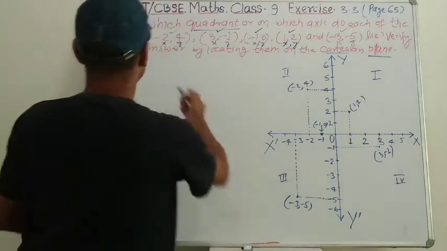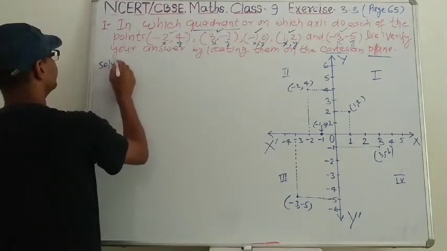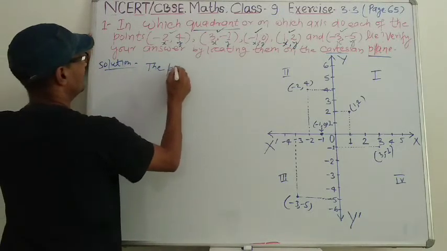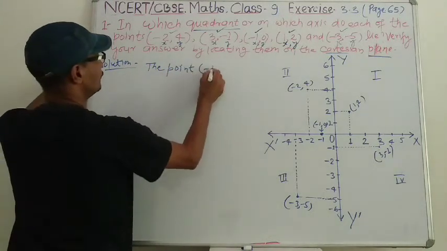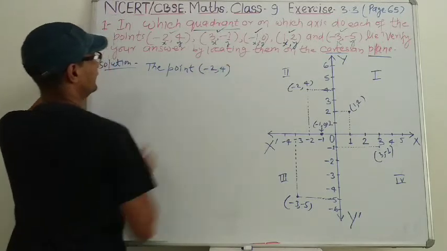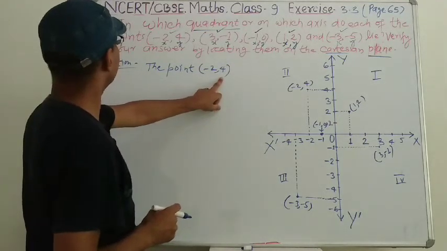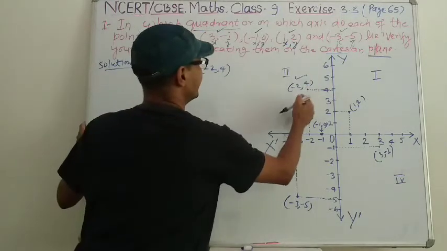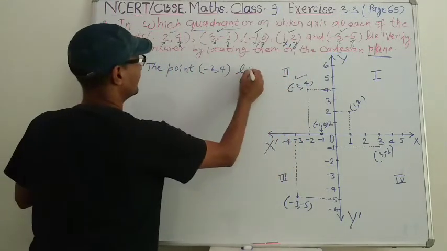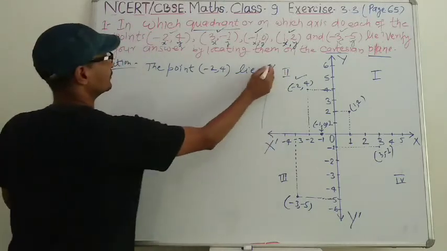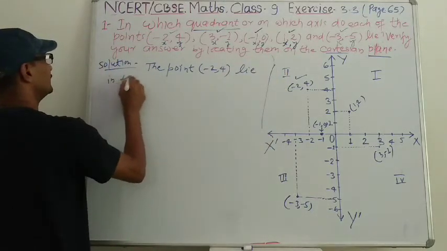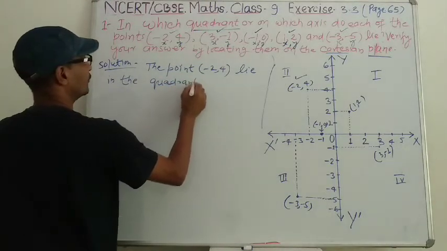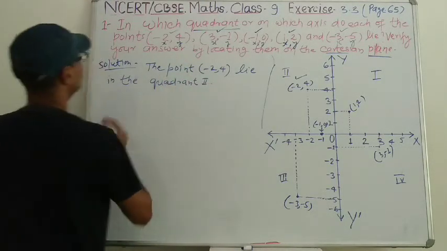So first we write minus 2, 4. It is the solution. The point minus 2, 4: check in which quadrant it is coming. See here, this minus 2, 4 lies in quadrant 2.